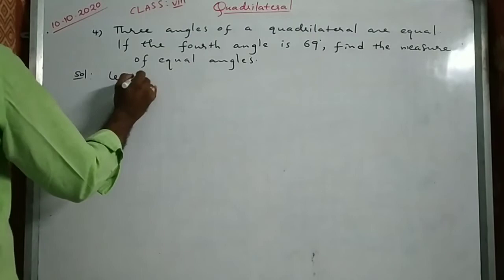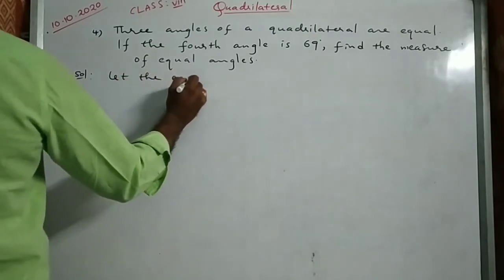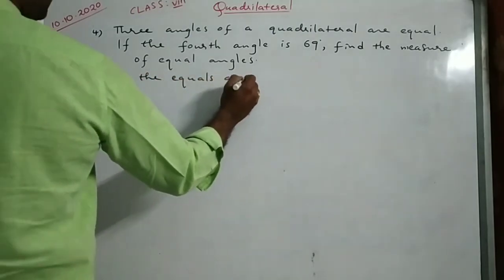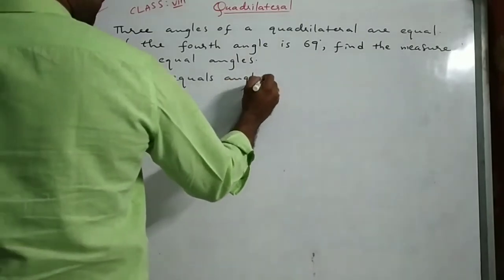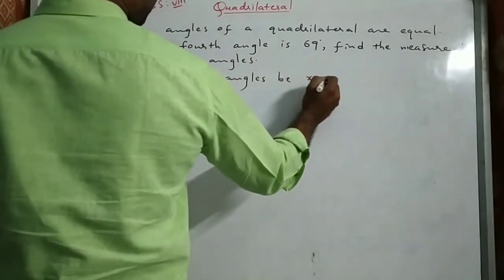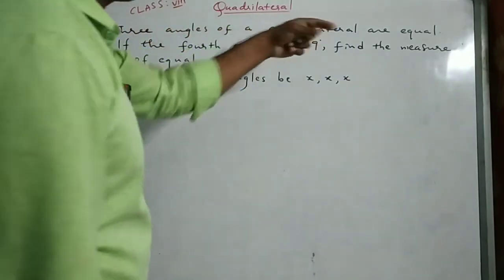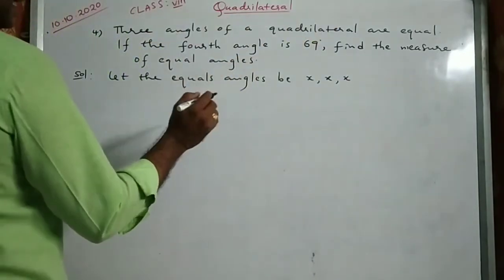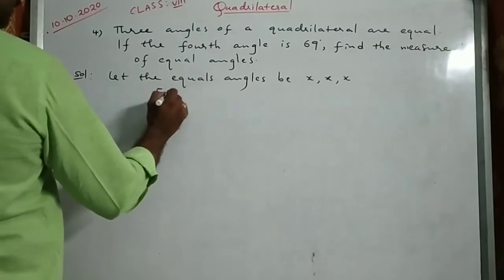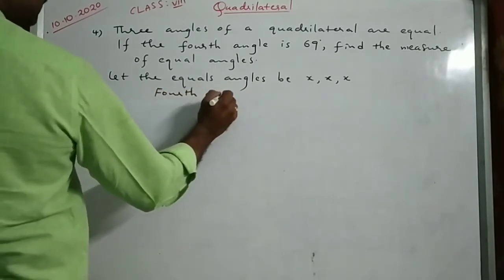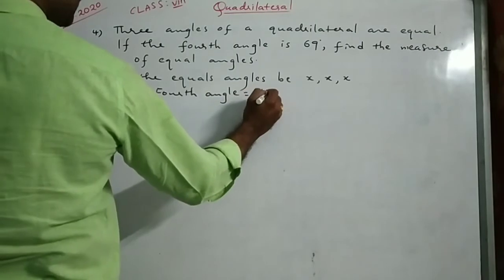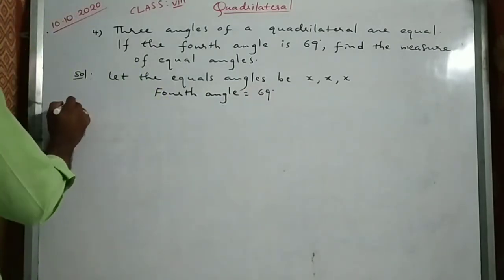Let the three equal angles be x, x, x, because three angles of a quadrilateral are equal. Fourth angle is 69. So we have 4 angles there.